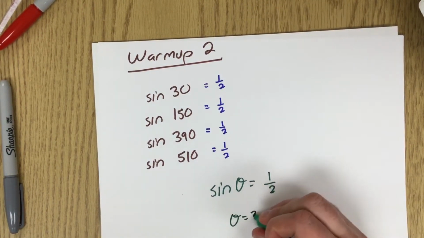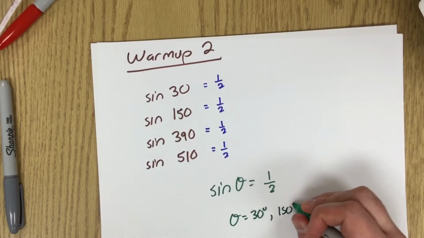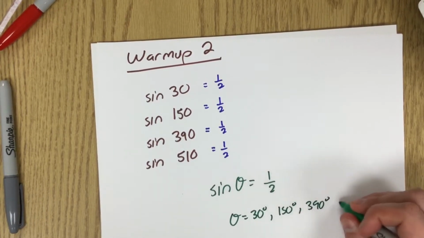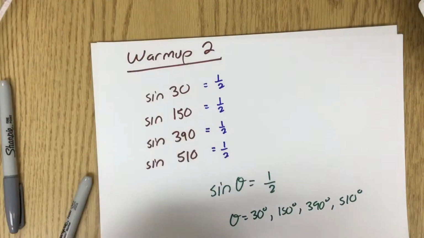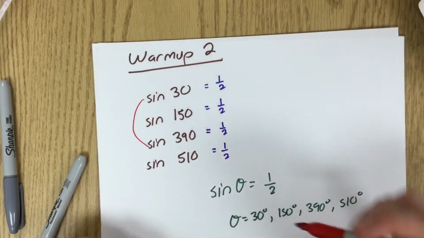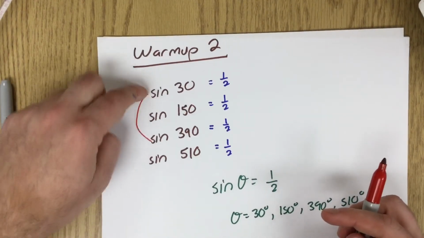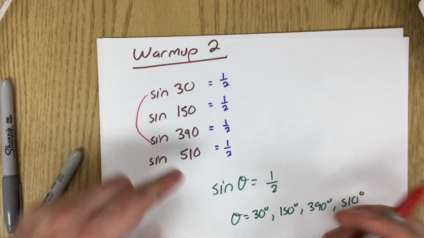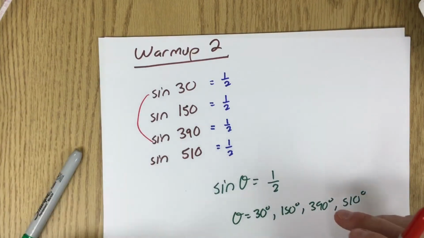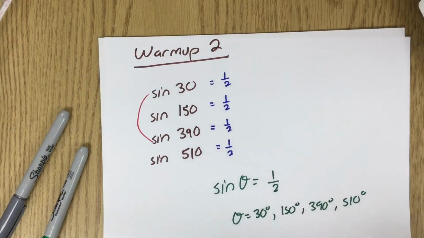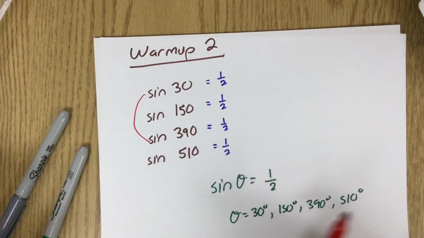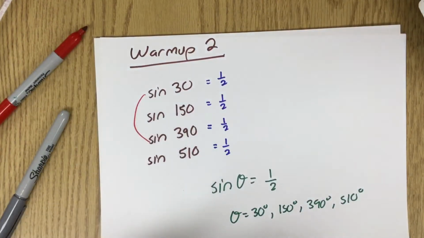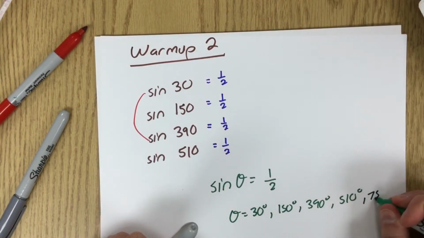It could be 30 or 150 or 390 or 510. And in fact, there's many, many others. What you may notice is that these two answers are coterminal. So sine 30 is the same thing as the sine of 390 because it has the same position on the coordinate plane, 360 later, at 750.